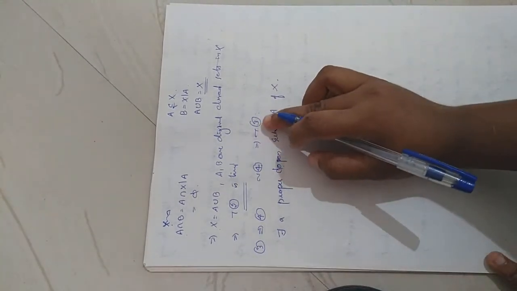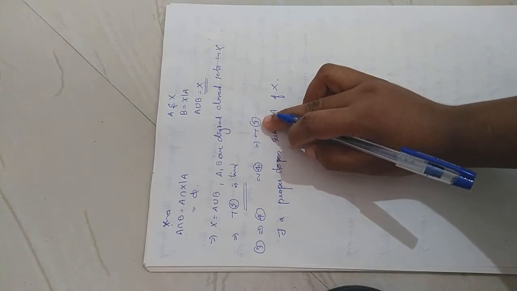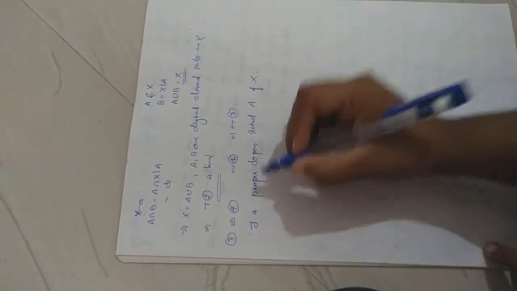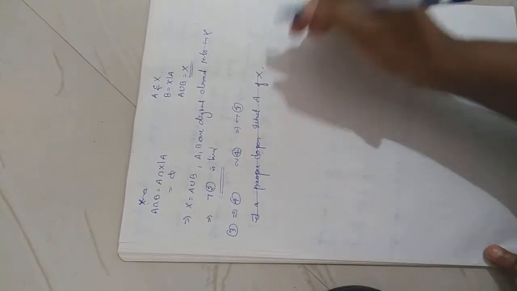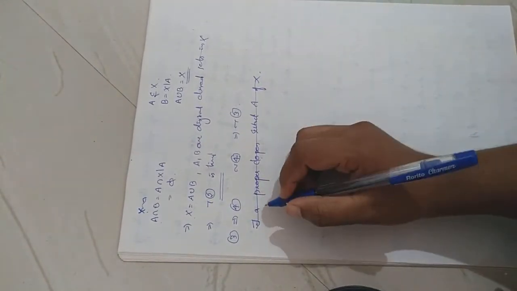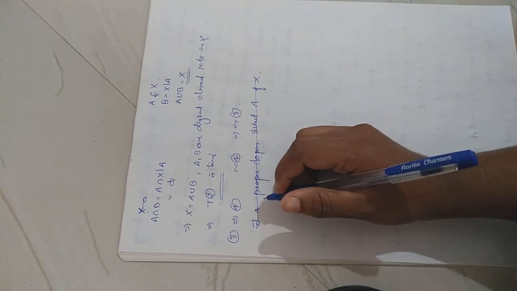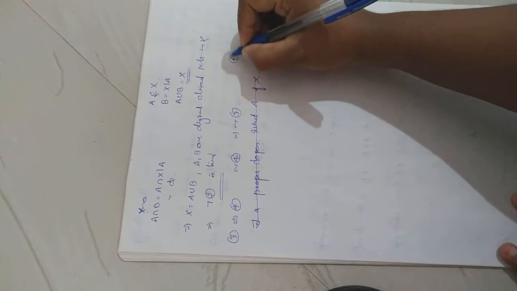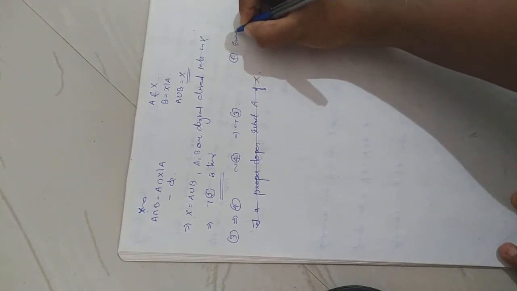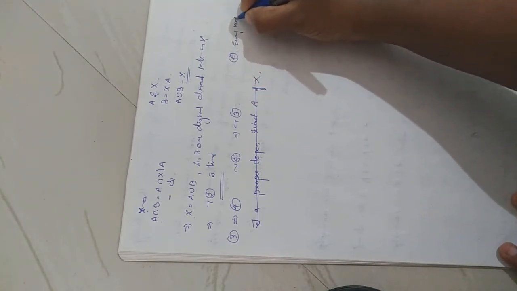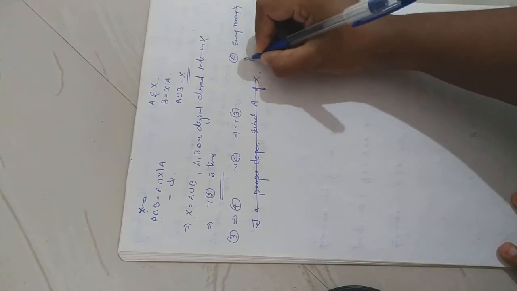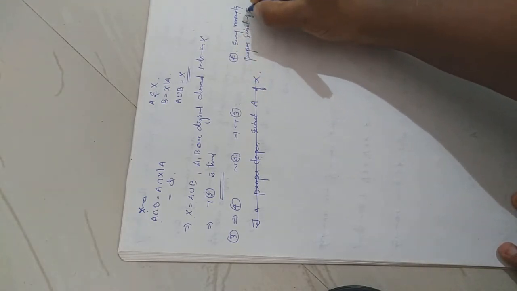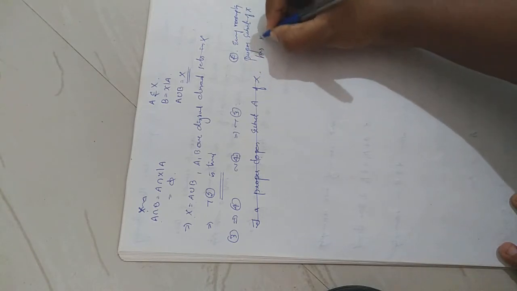We want negation 3. I'm sorry, this is not the fourth statement. The fourth statement says that every non-empty proper subset of X has a non-empty boundary.